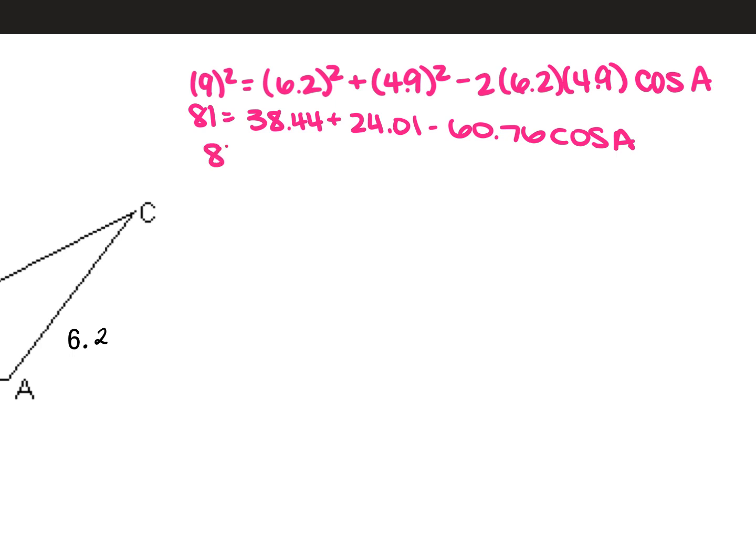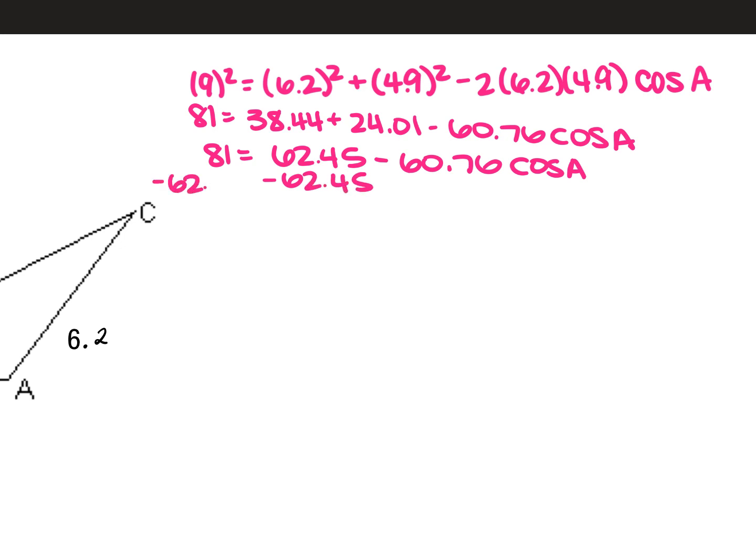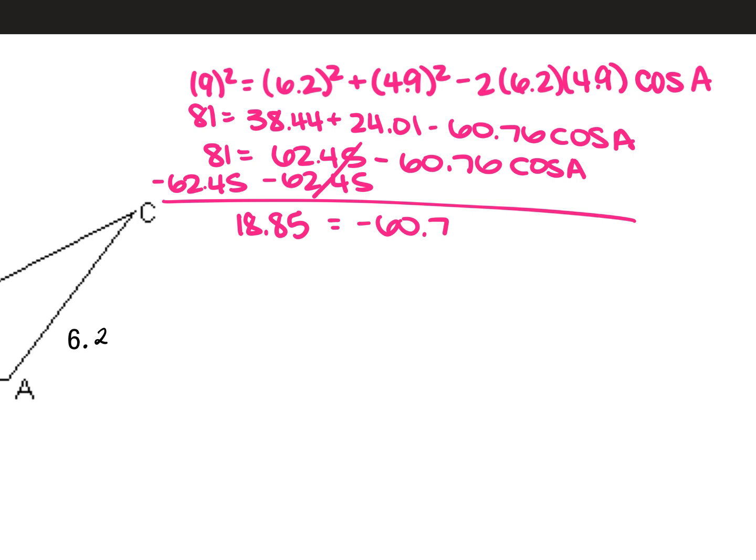That gives us 81 is equal to 62.45 minus 60.76 cosine A. Subtract the 62.45 over. So 81 minus 62.45 gives us 18.85 is equal to negative 60.76 cosine A.